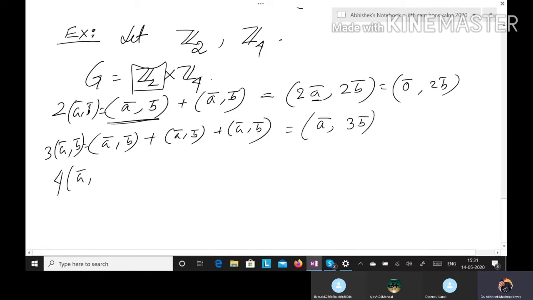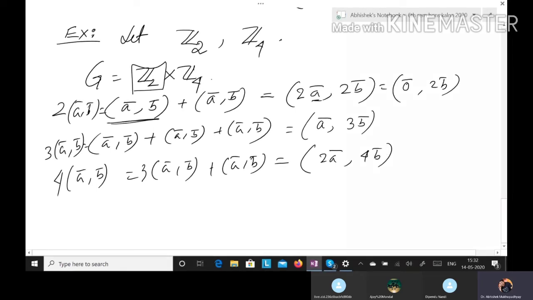So then we add again, and it is 2[a], 4[b].